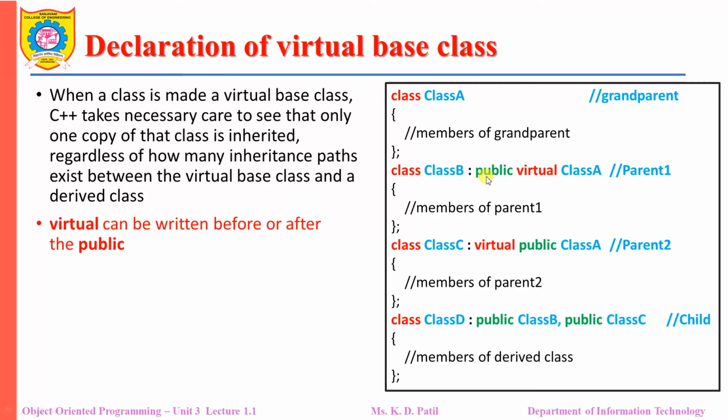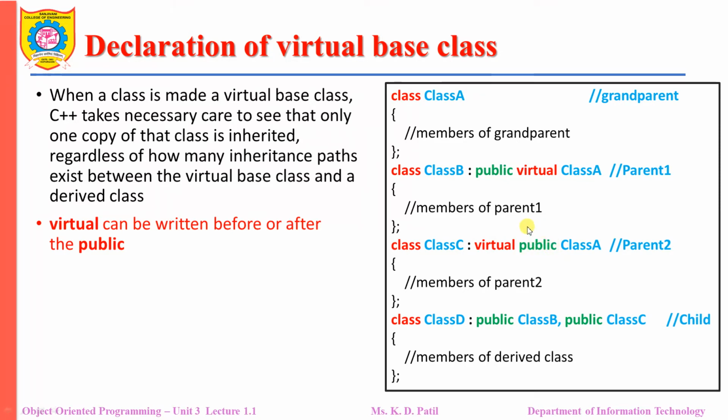Now you know that when we inherit the properties from the base class, we have to go for some derivation. You can go for public derivation, you can go for private derivation, you can go for protected derivation. So after the public derivation, you have to write the keyword virtual, or before the public derivation, or it can be private, it can be protected, no issue.